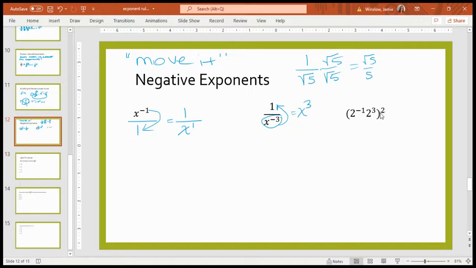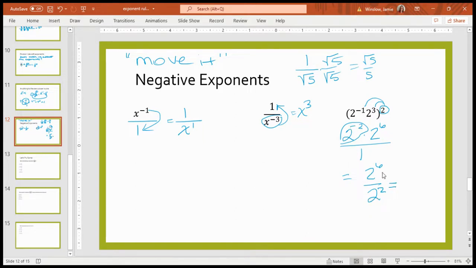This one, we have parentheses, so we're going to distribute the 2 to all of the exponents. So we would have 2 to the negative 2 times 2 to the 6. Now let's put this over 1, and we will move the negative part to the bottom, and it becomes positive.